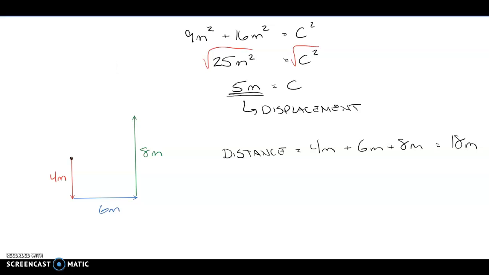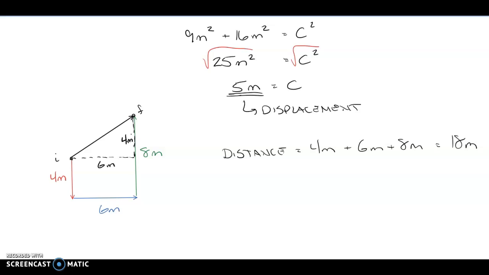But my displacement, I would start here and I would finish here, and I would go in a straight line path from here to here. Well, overall, it looks like I would be traveling to the right 6 meters, and I would be traveling up 8 minus 4, which is 4 meters.